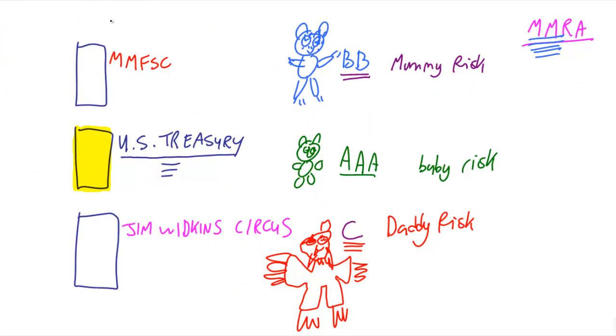Now remember, they all have the same face value on them, $100. The only thing that's different is the issuer name. So what are you going to pay for these things? Well, let's say the US Treasury, you're prepared to pay 105.